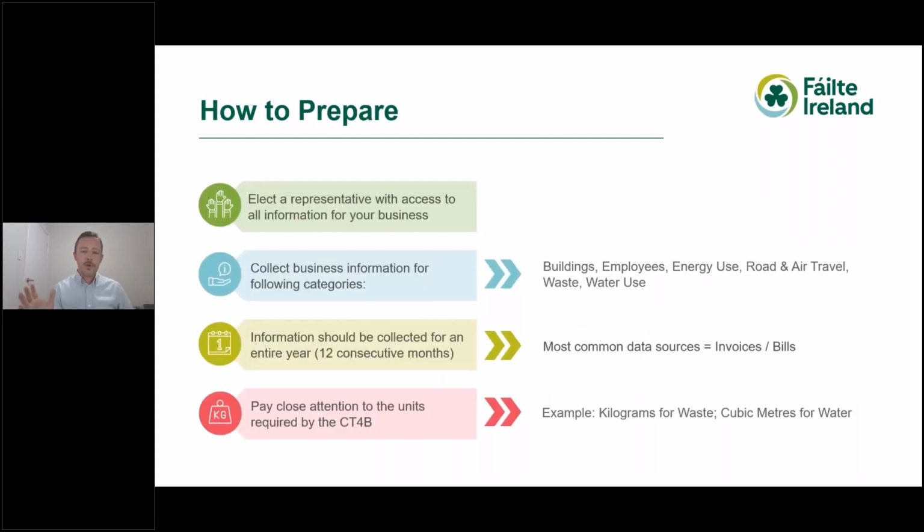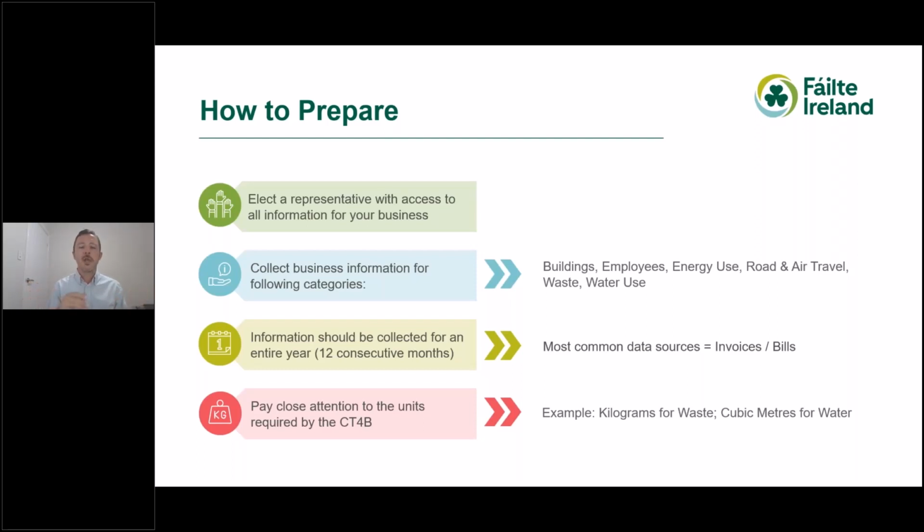So before you actually get in there, I always recommend taking time to prepare. It makes it so much easier to go through the process if you've prepared before you sit down to undertake the calculator. The first thing to do is select someone in the organization who's the champion, the responsible party for entering the data. That person also needs to have access to a wide array of organizational information.